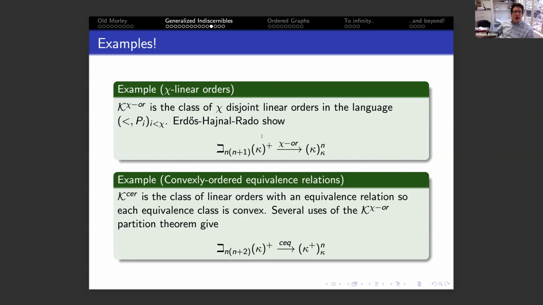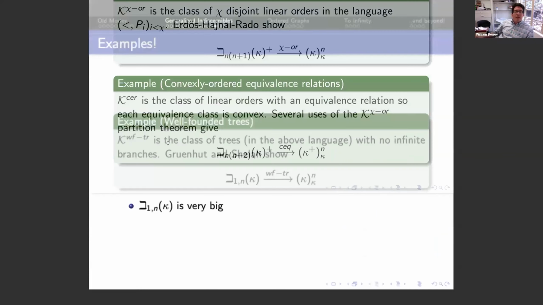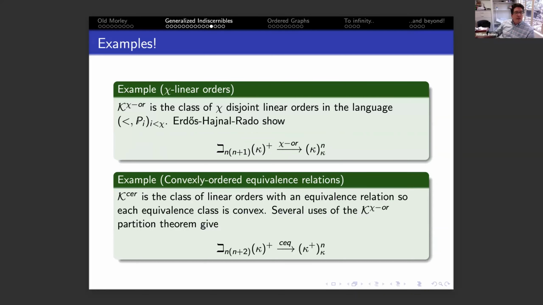Okay, so you can take chi linear orders, and you can make this a little fancier by convexly ordered equivalence relations. Morally, instead of having a fixed chi that indexes your linear orders, you have a linear order that indexes these other partitioned linear orders.